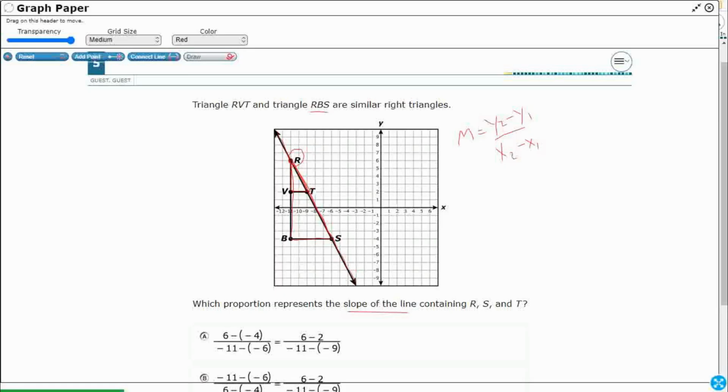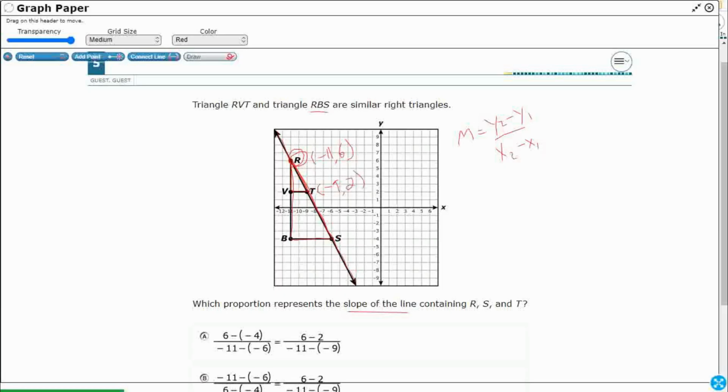So let's find the slope of this small one, and let's find this xy coordinate and this xy coordinate. Okay, so this r right here is going to have an x of negative 11 and a y of 6. That t is going to have an x of negative 9, and it looks like it's got a y value of 2.